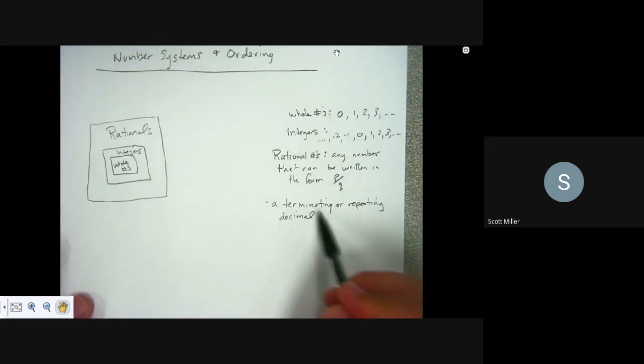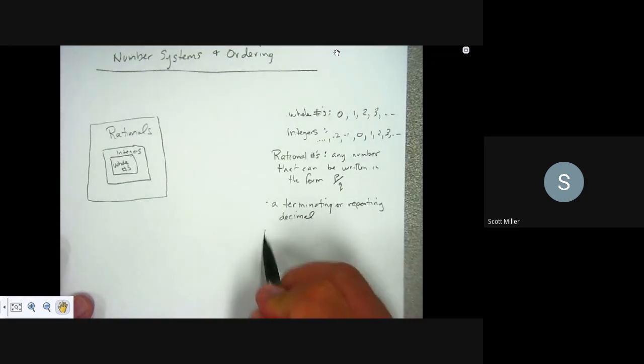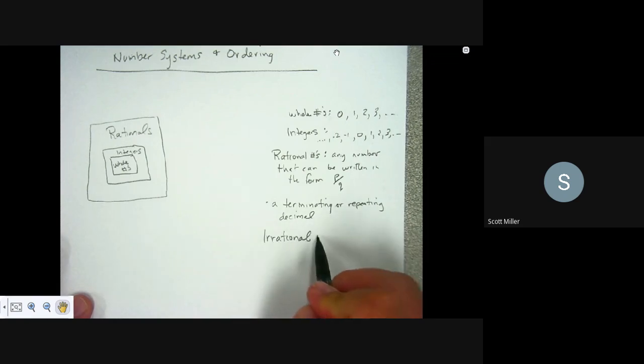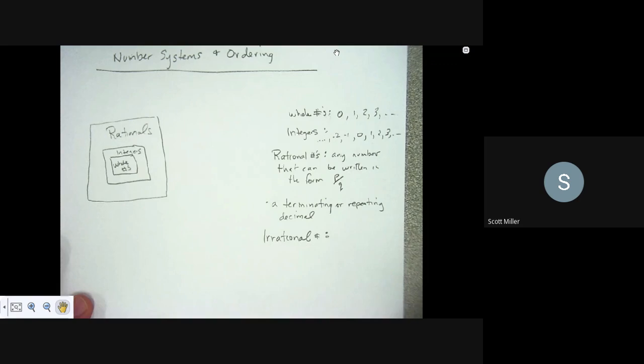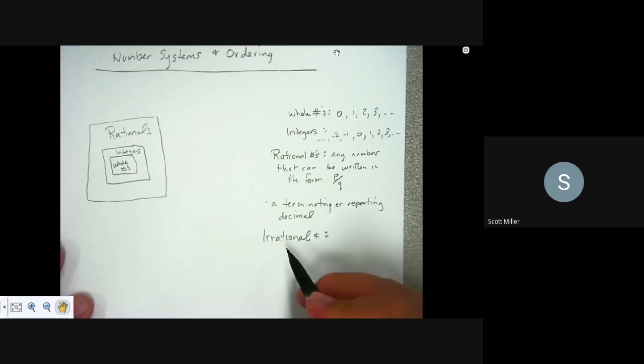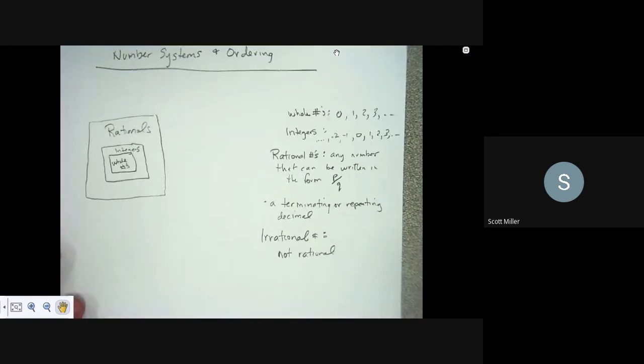Rational numbers are numbers that terminate or repeat. What's an irrational number? Well, what does the word irrational mean? It's not rational.